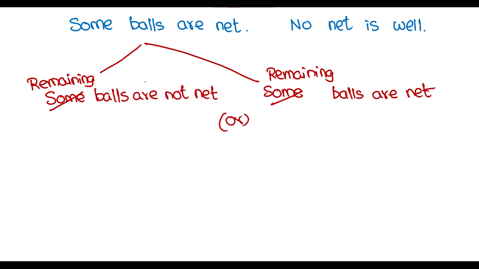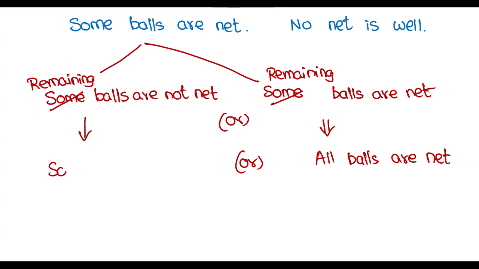If these balls are net and remaining balls also net, then the conclusion will be all balls are net. Otherwise, remaining balls means some, not all, and this will result in some balls are not net. So there are two outcomes for this statement.